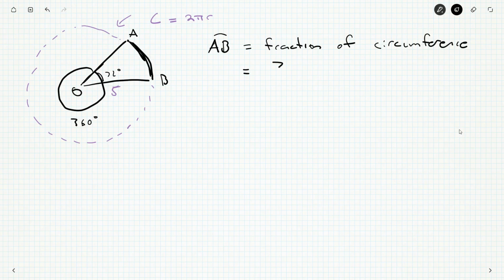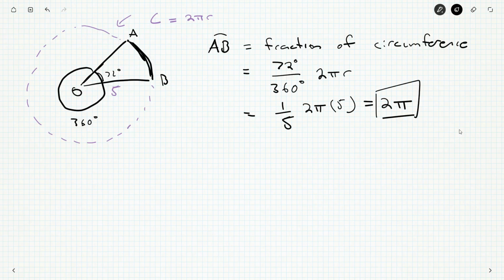What fraction is it? You take the angle that you've got, 72 degrees, divide it by the total angle, 360, and multiply it by 2 pi r. Now 72 out of 360, that's 1/5. And 2 pi, in this case r is 5. Wouldn't you know it, we're going to get 2 pi. So that's going to be our arc length AB.